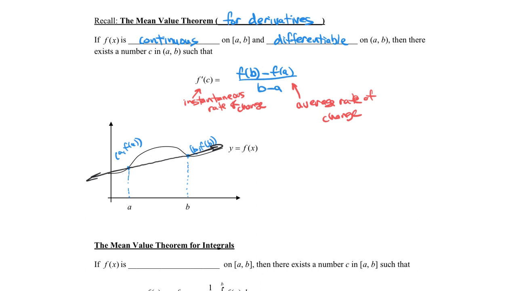So the mean value theorem says that there exists some number c in this open interval a, b such that the instantaneous rate of change, the derivative, or geometrically the slope of the tangent to the curve along here is equal to this slope. So there's some point c somewhere, and I'm just going to kind of wing it.